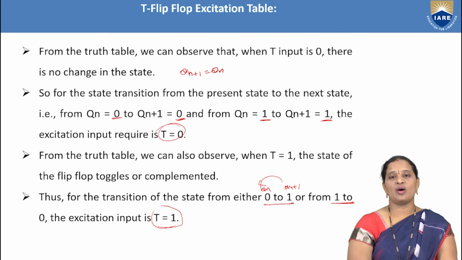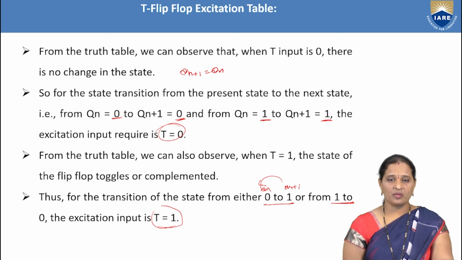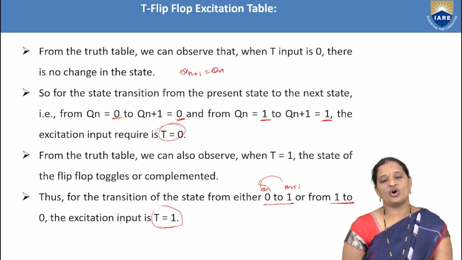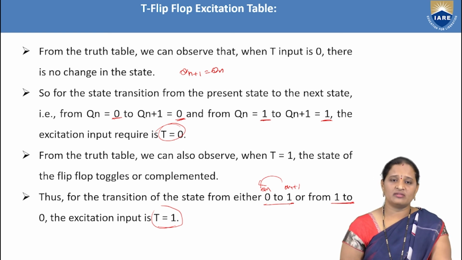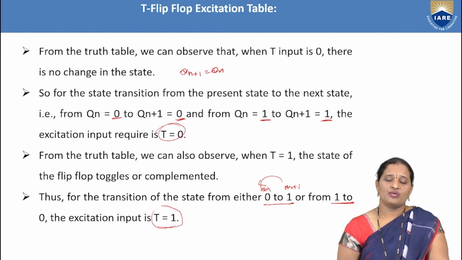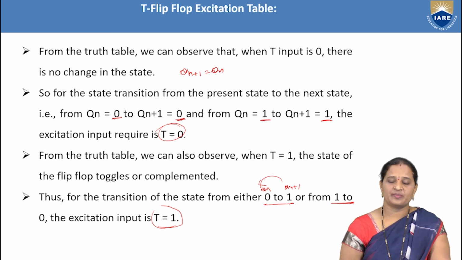So this is about the excitation tables of all the 4 flip-flops. As I told you, these excitation tables are used in the conversion of flip-flops from one to another, and also in order to design sequential circuits such as counters and registers.